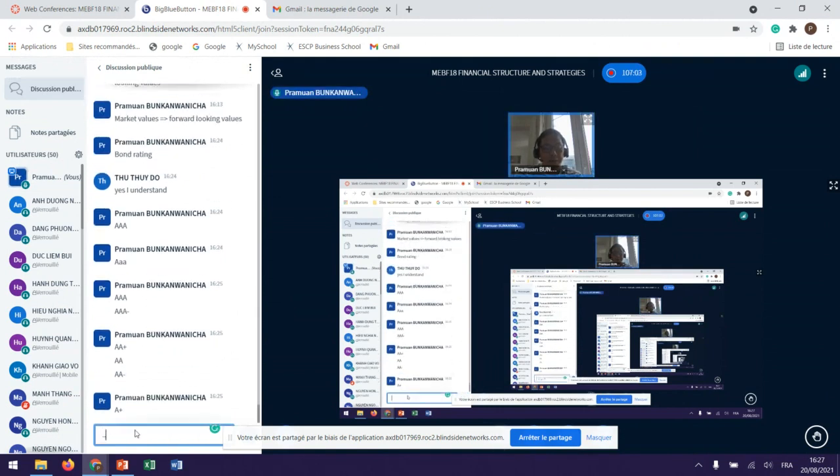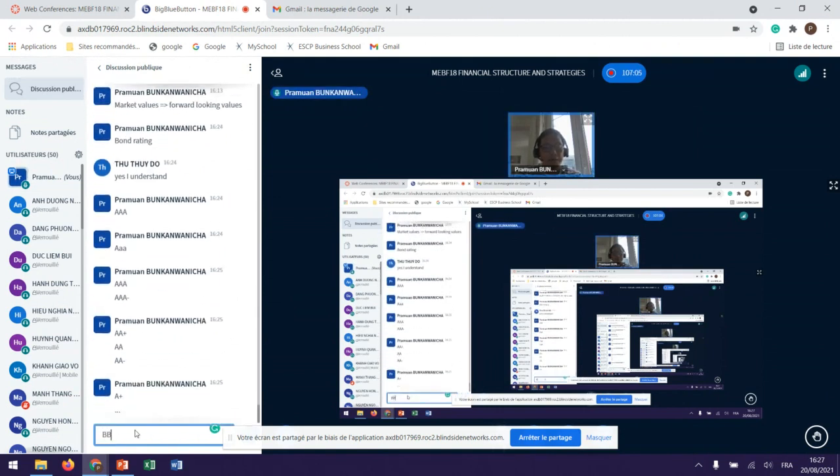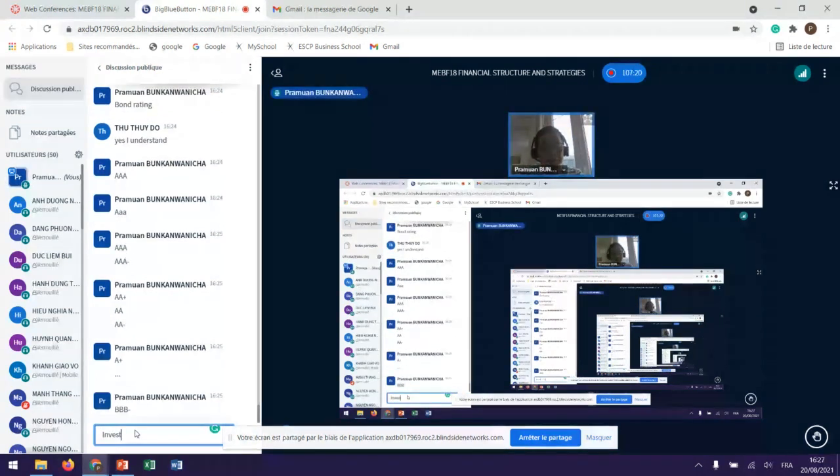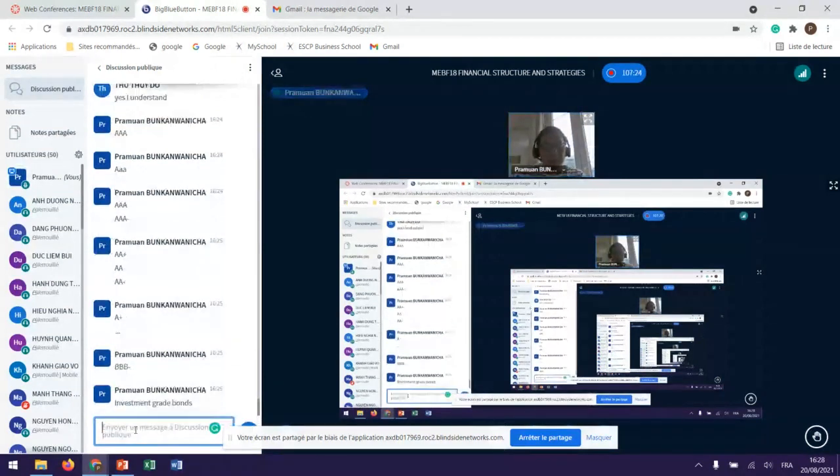Until you get to something called triple B minus, which is a kind of line called the investment grade line. A bond that is rated at triple B minus or above, we call investment grade bonds. And lower than triple B minus, we call it a, does anyone know?